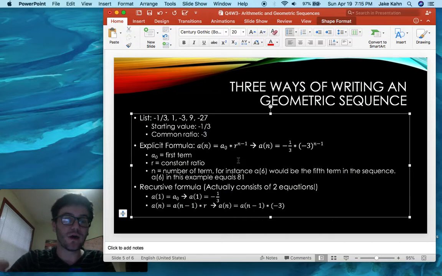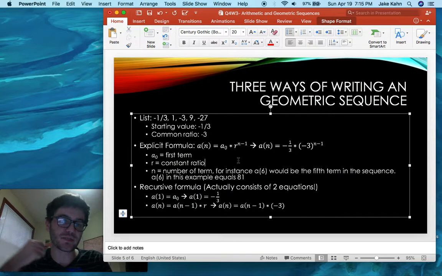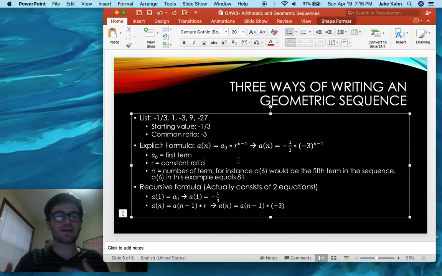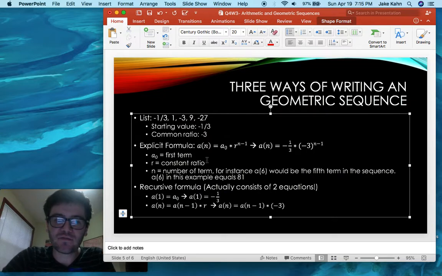All right, so the 2 ways besides a list that we can write our sequence are an explicit formula and a recursive formula again, except now it's a little bit different because you have multiplication going on instead of addition. Your explicit formula for geometric sequences can be written as a of n is equal to a sub naught times r to the n minus 1 power.